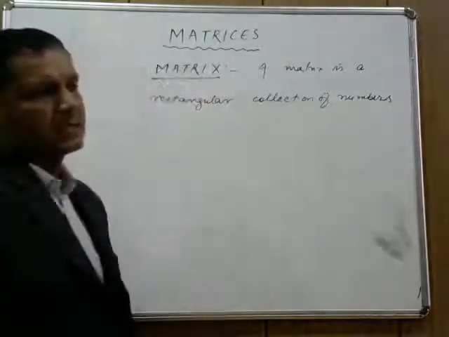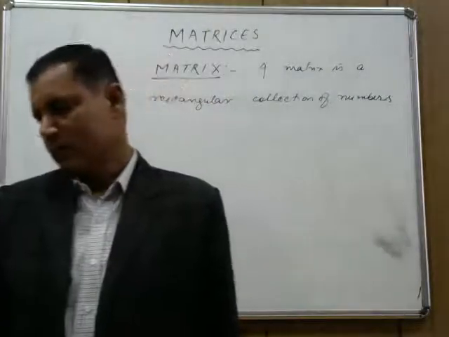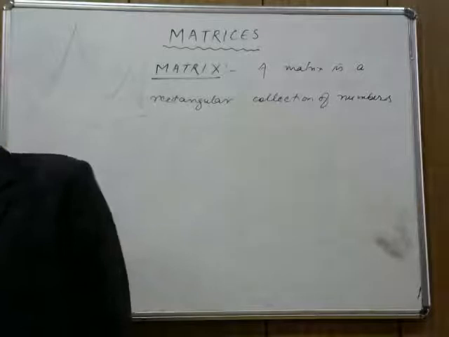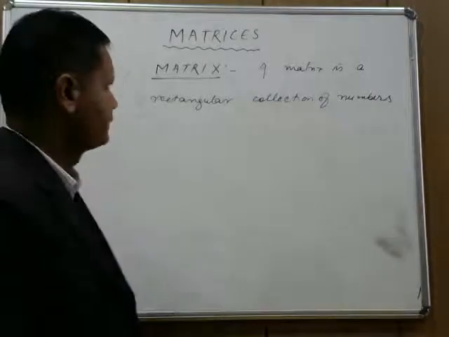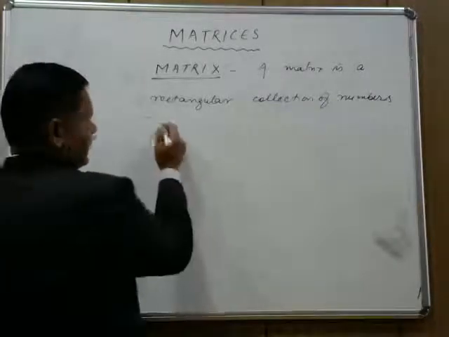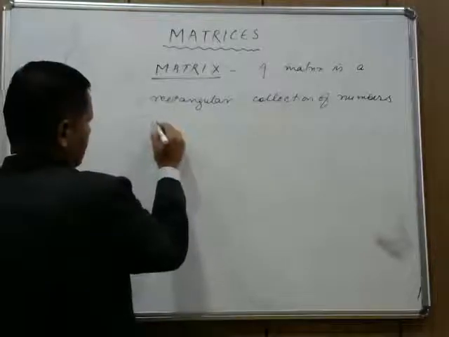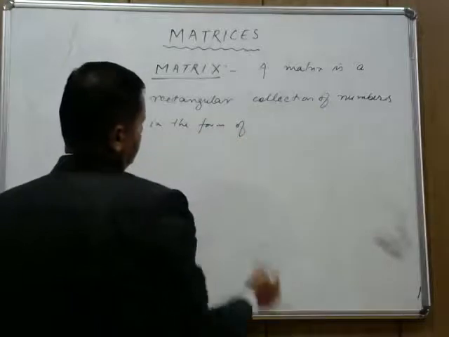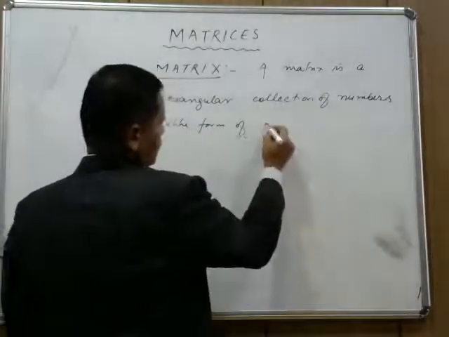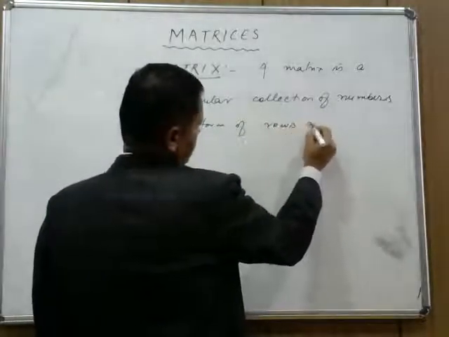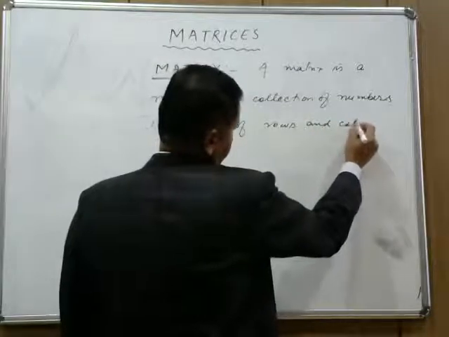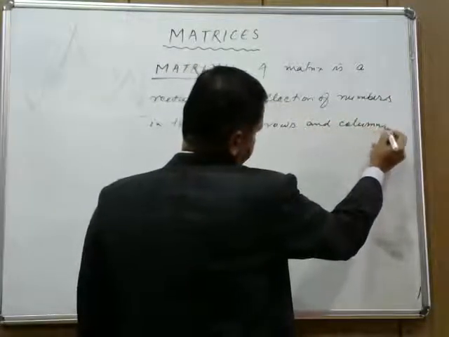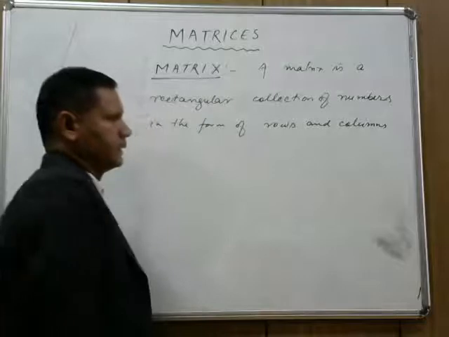These numbers can be any real number or complex number, right? Rectangular collection of numbers in the form of rows and columns, right?